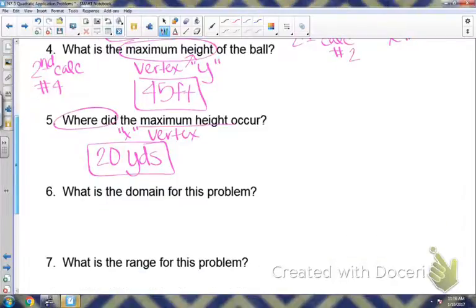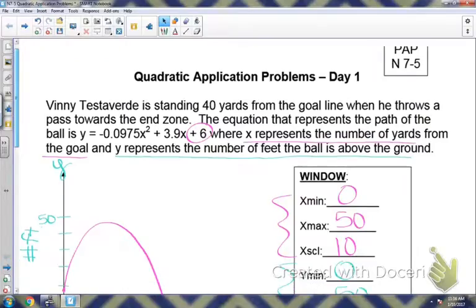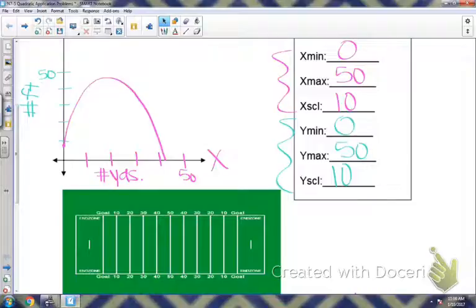Okay, so we're going to find the domain and range for this problem. Okay, so domain, remember, represents x, your range represents y. So I'm going to go ahead and turn back over to our graph. Let's look at our x-axis. The smallest x value that we are using is 0, and it's going all the way to this point here on the x-axis.